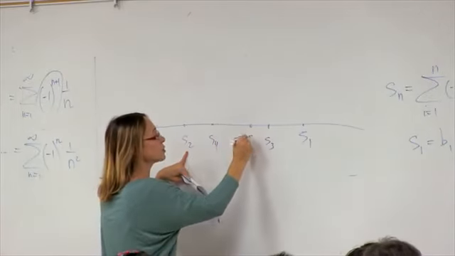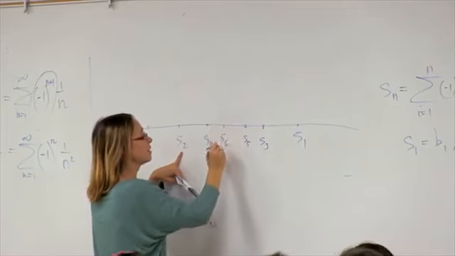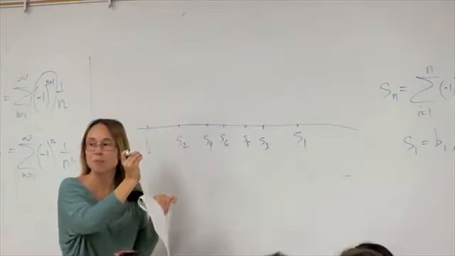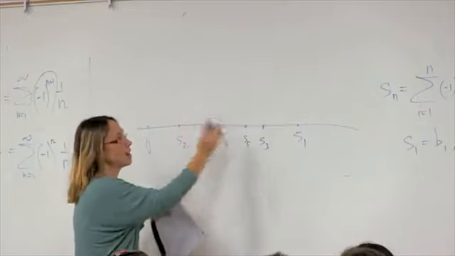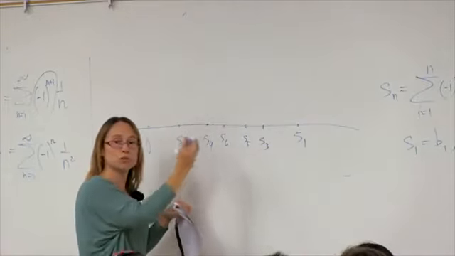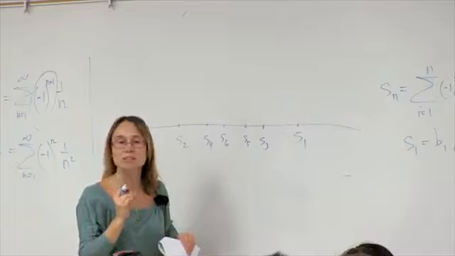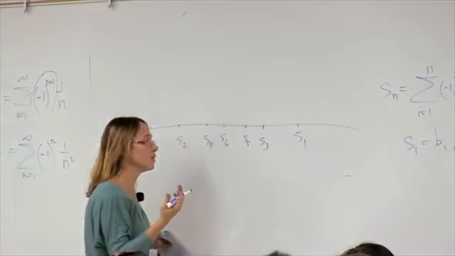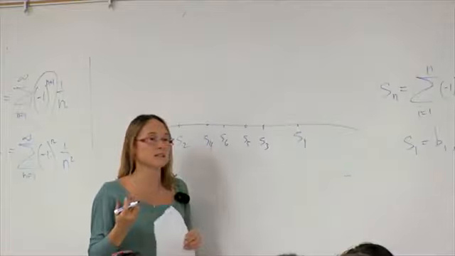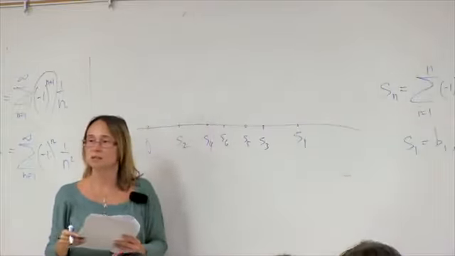So they're going to oscillate with a decreasing amplitude. It's going to go right and left, but it's going to jump less and less, until it settles somewhere. This is the intuitive reasoning behind the alternating series test.